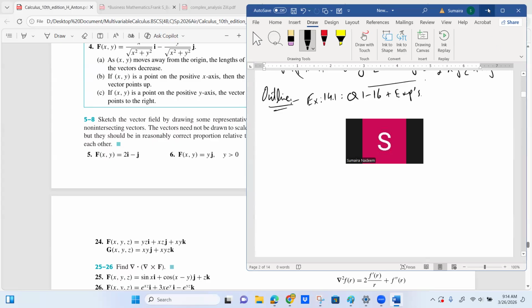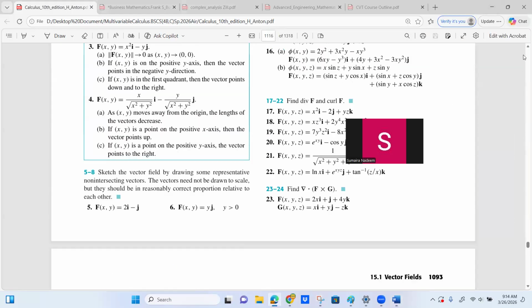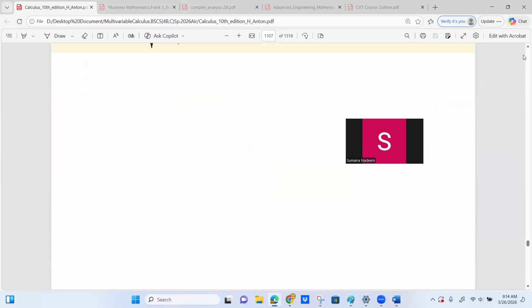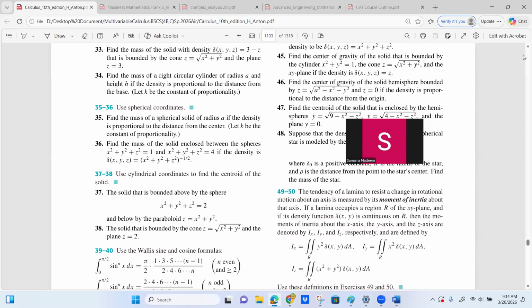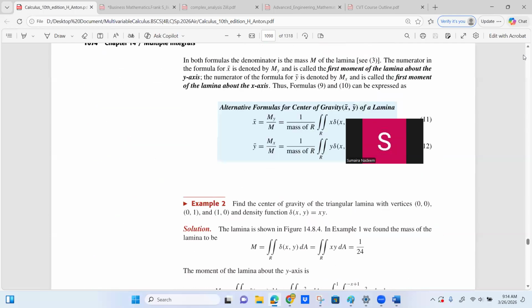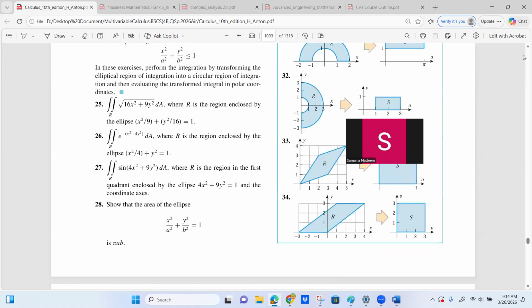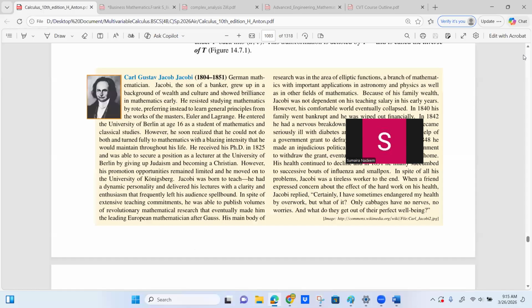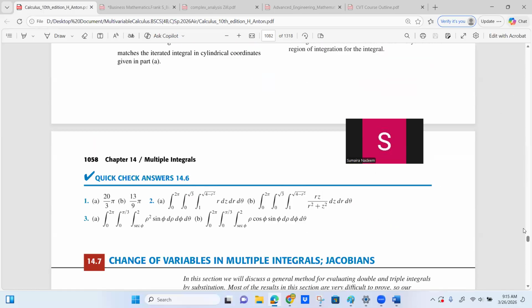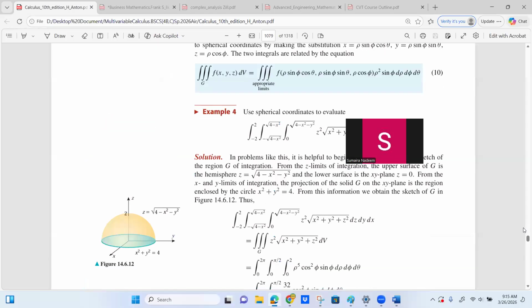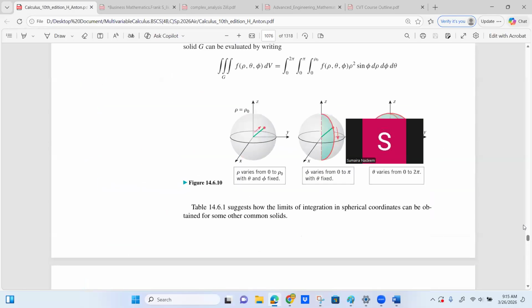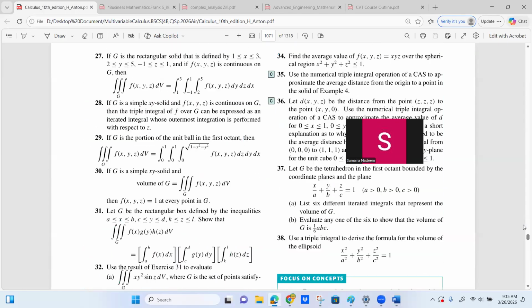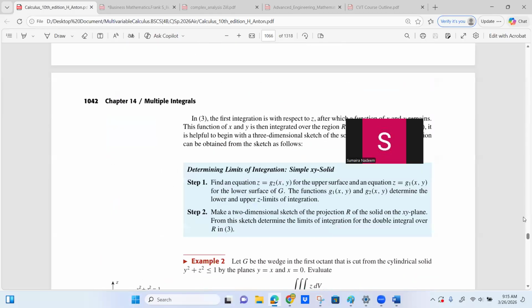Okay, student. What is chapter number 14? I think it is related to integration, double and triple integration. Multiple integrals.